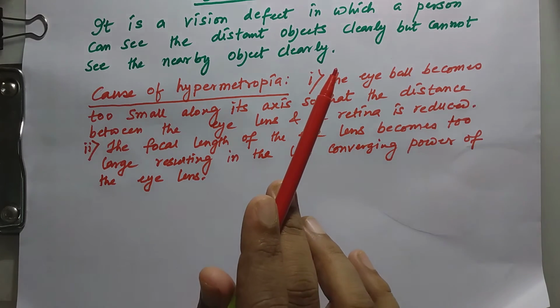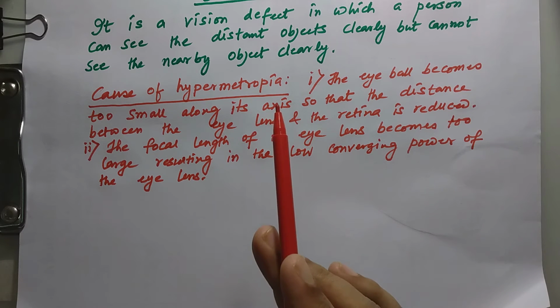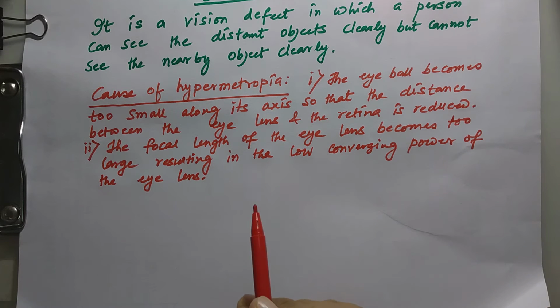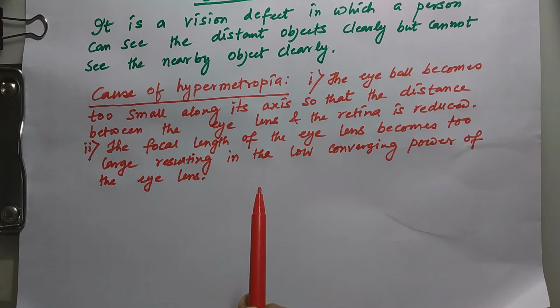He will be able to see the object which is far away. As a result of the above causes, the rays coming from an object placed at 25 centimeter, or you can say the normal near point from the eye, meet at a point behind the retina.